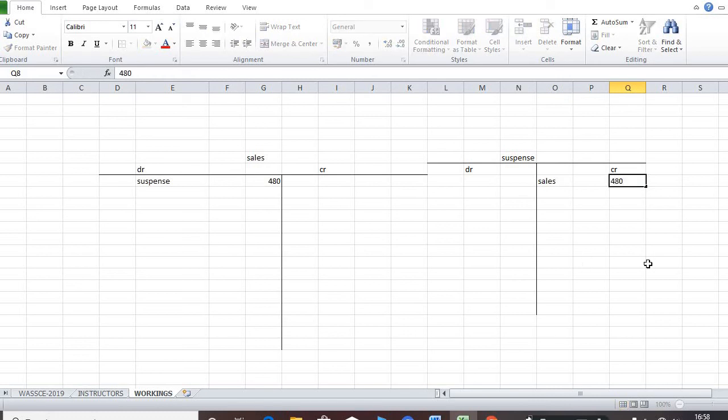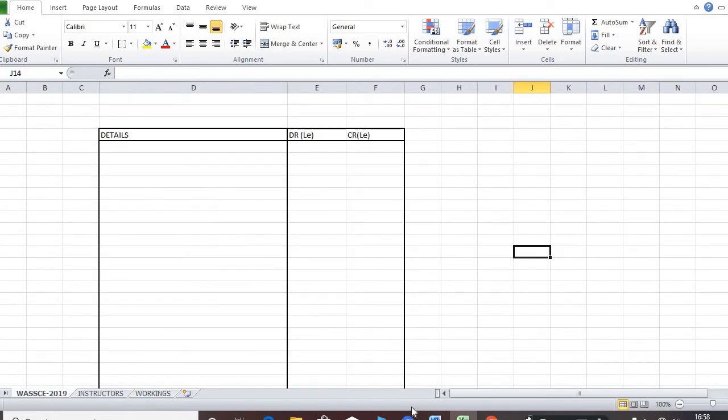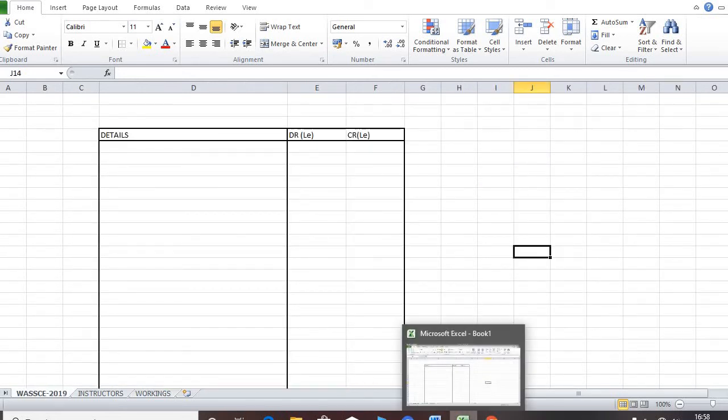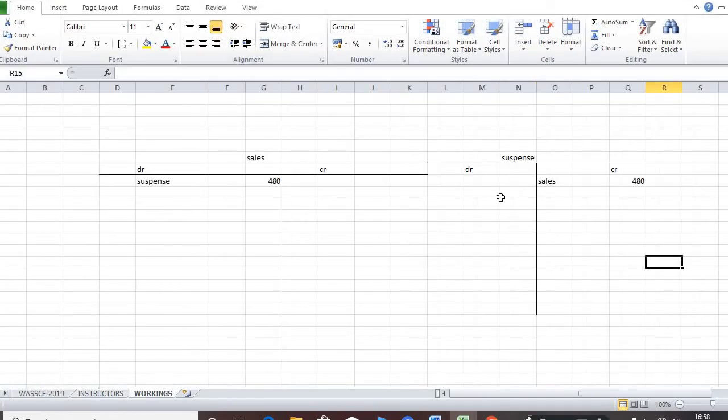Now that we are done with the correction, we have to transfer it from here to the journal, because the question says we should use the journal entries. In writing the journal entry, the account debited should be written first. The account debited in our workings is sales, in the name of Suspense.